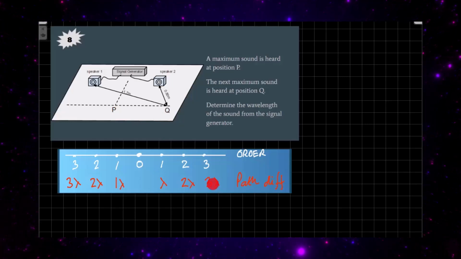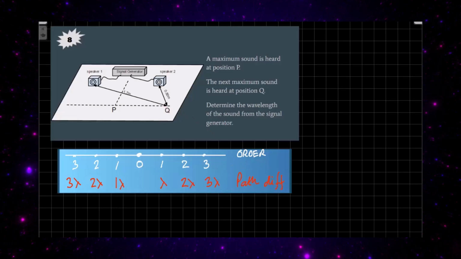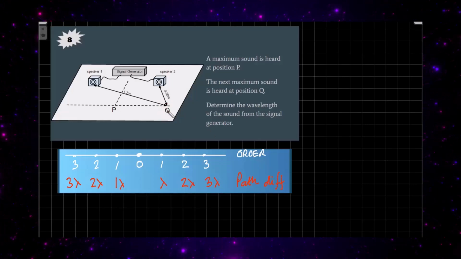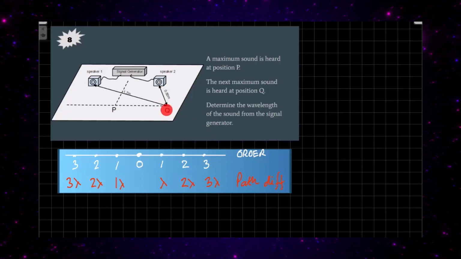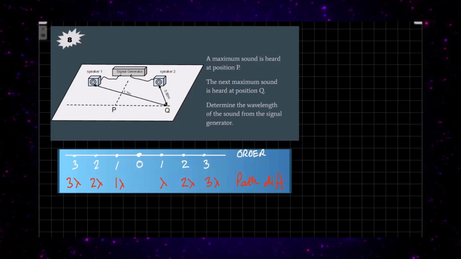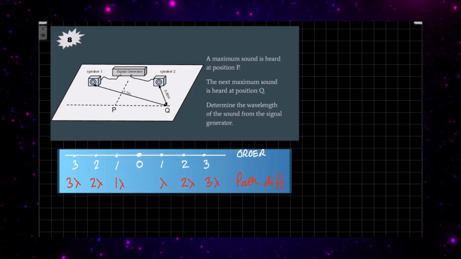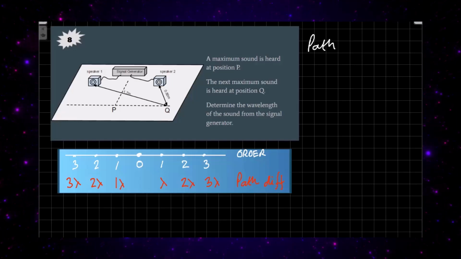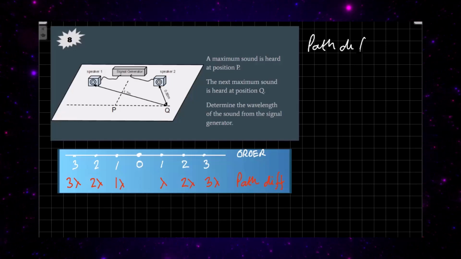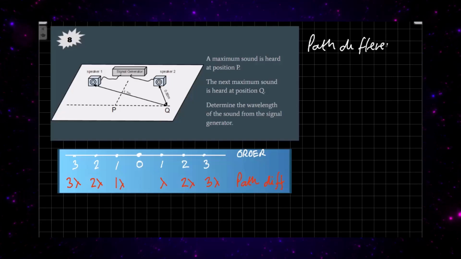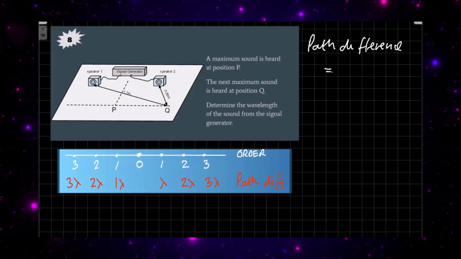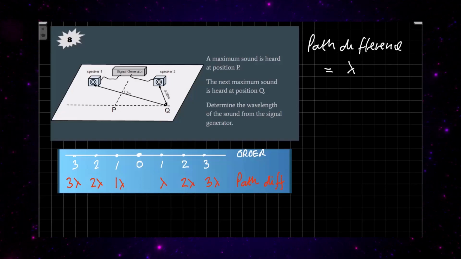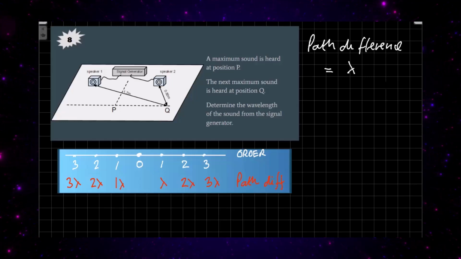Now in this case we're told we hear the first maximum sound at position Q. So what is the condition for the first maximum sound at position Q? The condition is that the path difference between speaker 1 and speaker 2 will be exactly equal to one complete wavelength.